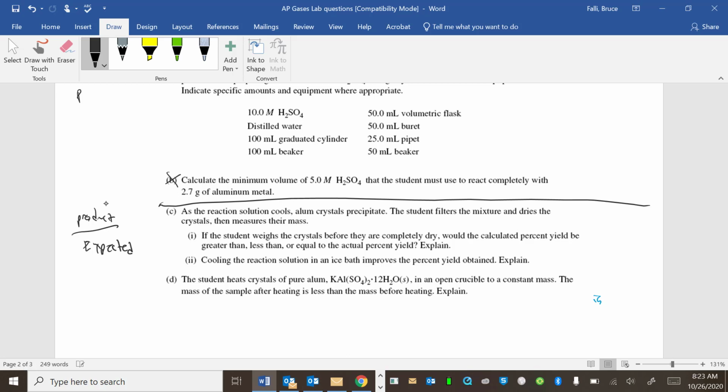Right? So if our product is still wet, then it becomes product plus water. So it's product plus water, algebraically. Product plus water gives a higher percent yield.